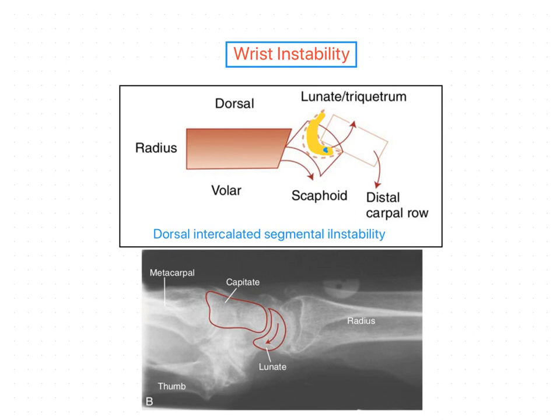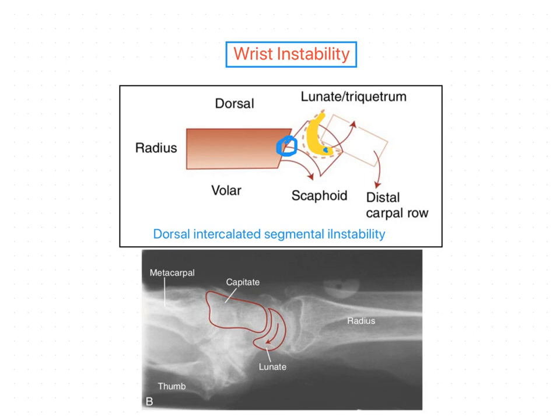Okay, with the subluxation of the scaphoid, the contact pressure between the radius and the scaphoid is going to increase because the contact occurs over a smaller area. So here only a smaller area is in contact. So because of this smaller area, the contact pressure between the radius and scaphoid is going to increase.